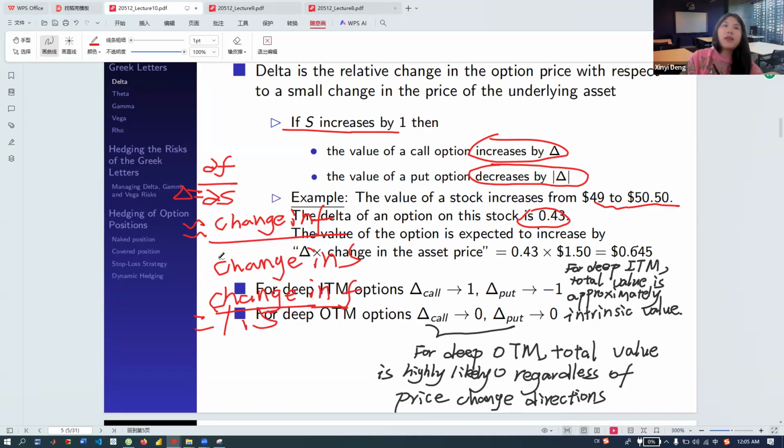And we also know that delta is equal to 0.43. So we can just set this fraction equal to 0.43.